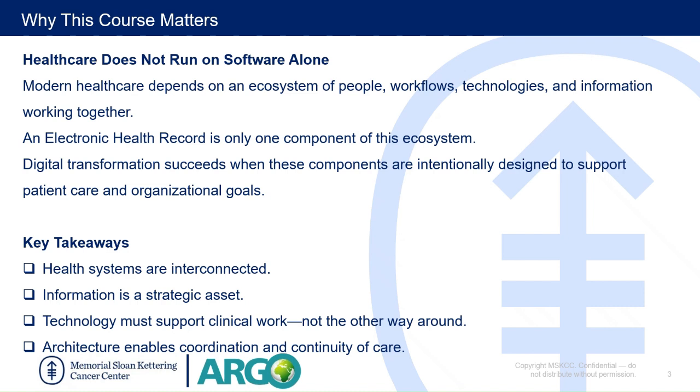In fact, more often, they arise because systems are poorly connected or workflows were not adequately considered during interventions. Architecture provides the blueprint that ensures people, processes, and technologies, the tripartite, work together effectively and efficiently.